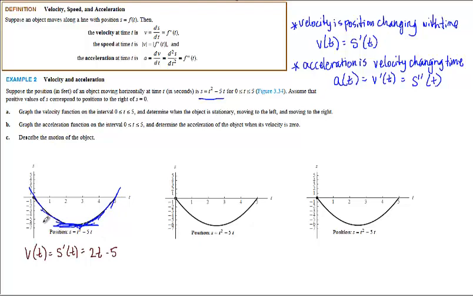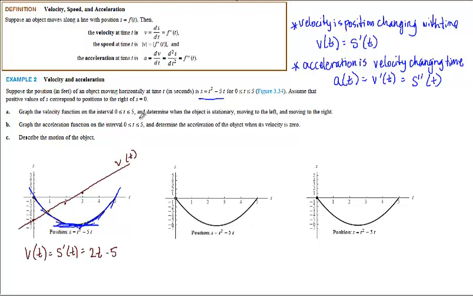If I were to graph that, I'd have this 5 here, and it would have a slope of 2, so that is up 2 over 1, up 2 over 1, and so forth. Here is my v of t function.